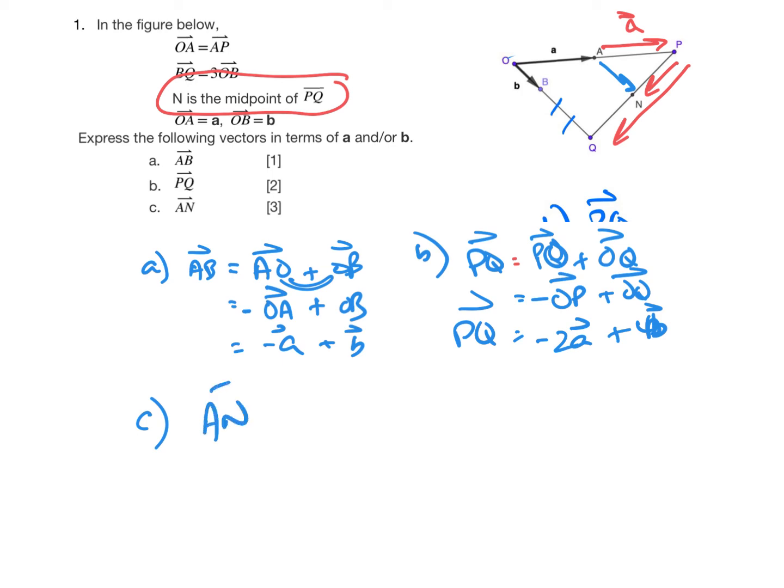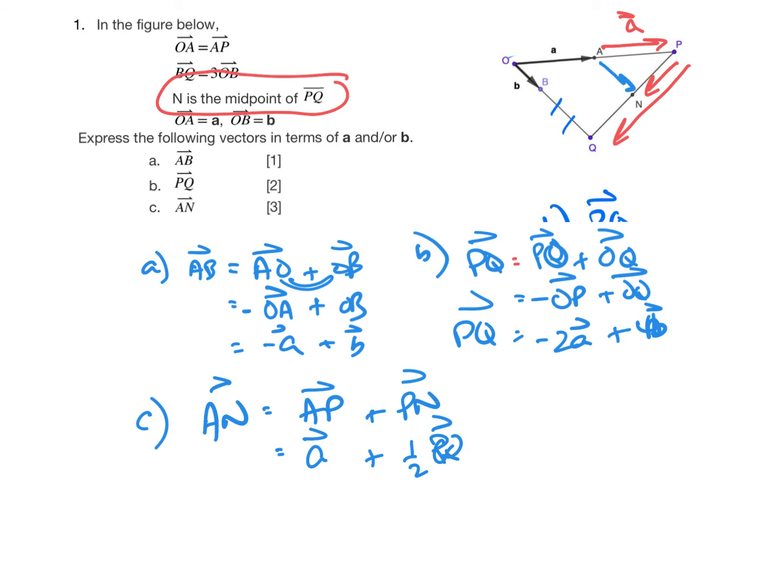So AN is equal to AP plus PN. AP is equal to little vector A, PN is half of PQ.